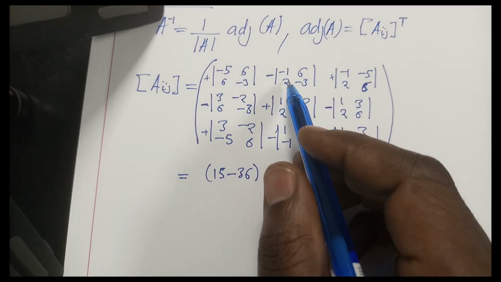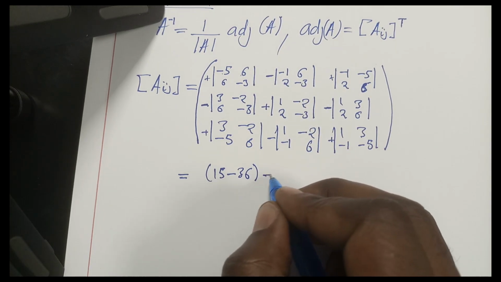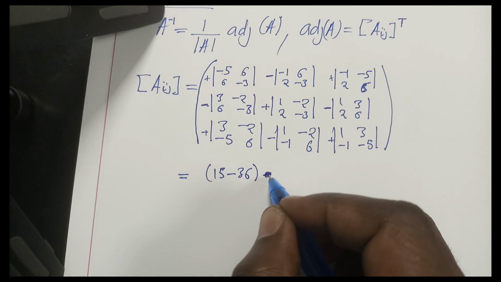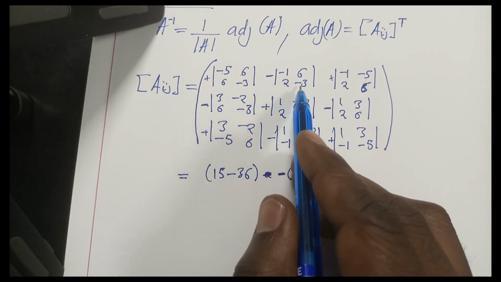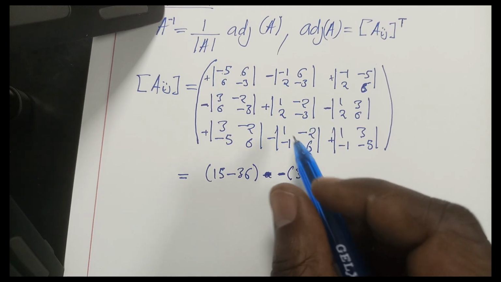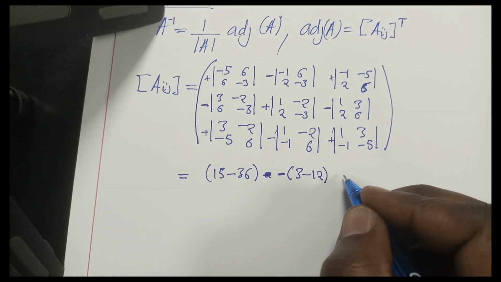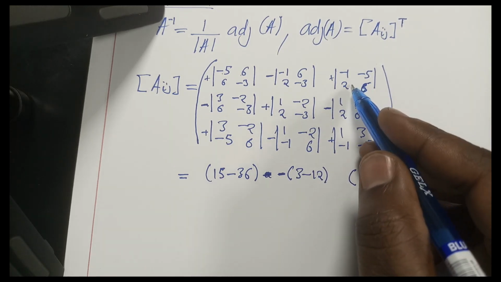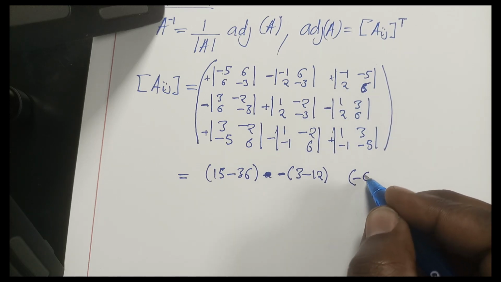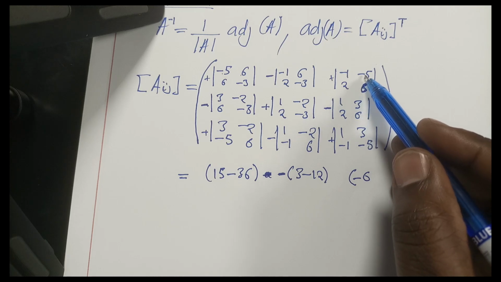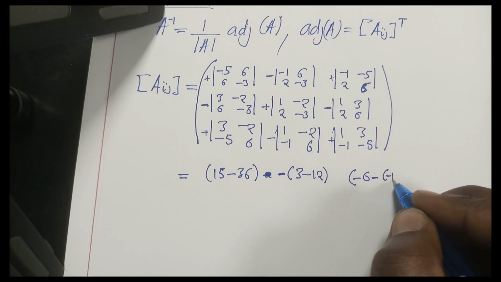For the second one, let me write the negative here, open bracket, negative 1 times negative 3 is positive 3, minus 2 times 6, minus 12. And then for this element here, it is negative 1 times 6, negative 6, minus 2 times 5, negative 10, so negative 10 here, right?